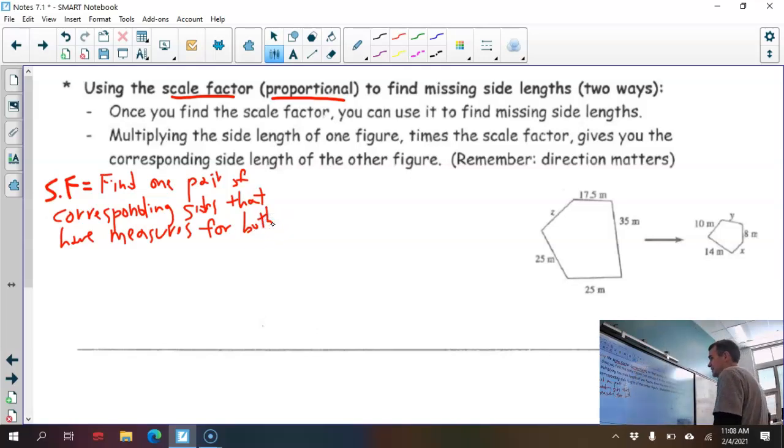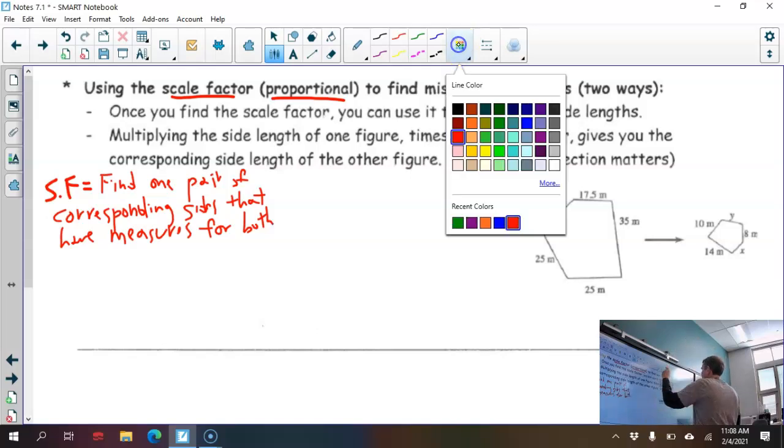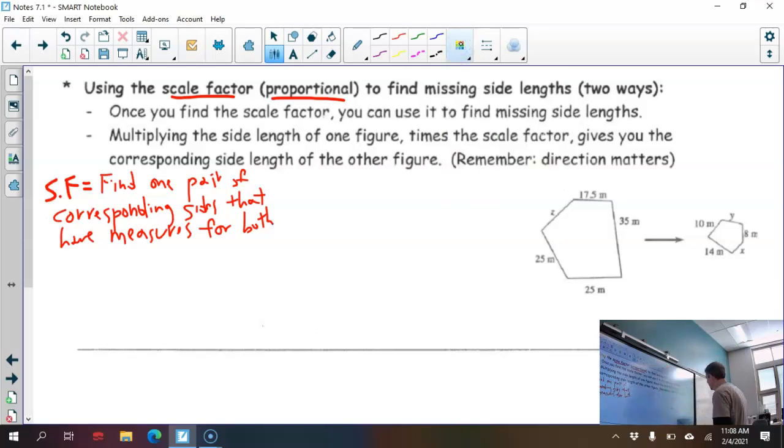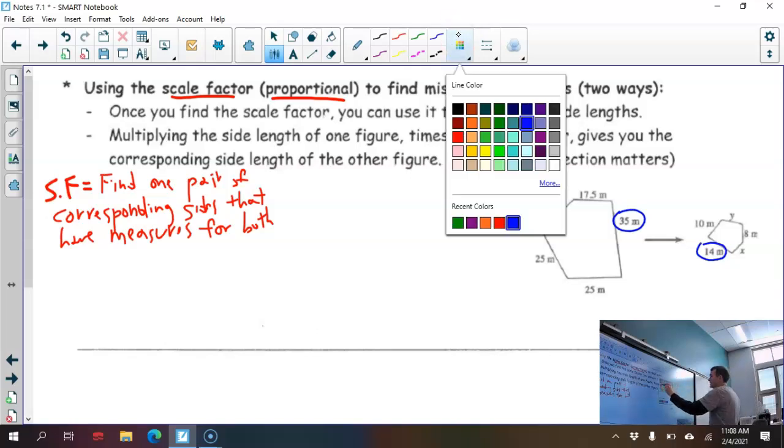All right, this is how I find the scale factor. So let me go over here and find the corresponding sides. Now the corresponding sides are a little tricky in this diagram. It looks to me like the 35 matches up with the 14. Like those would be corresponding sides.